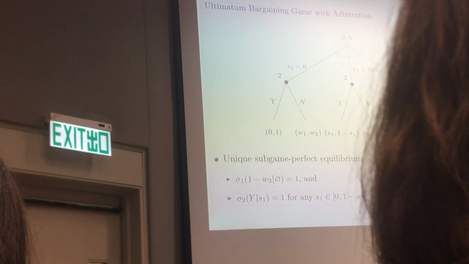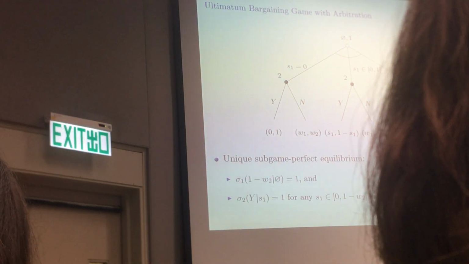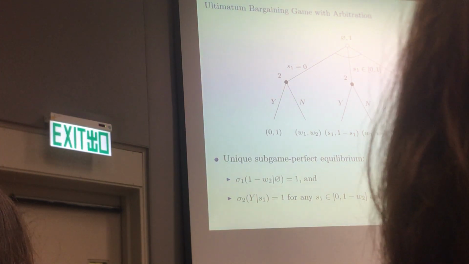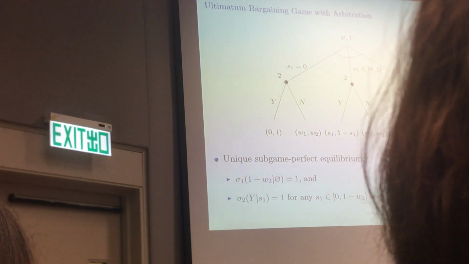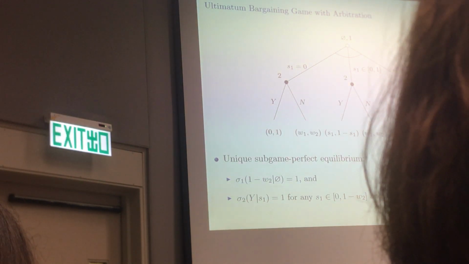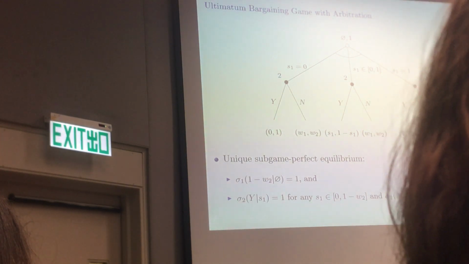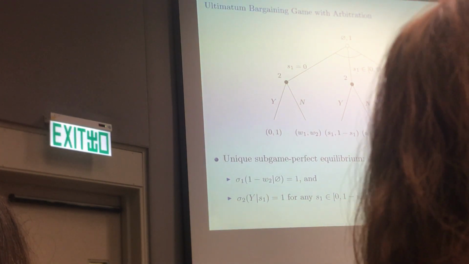And what about the remaining case? What if S1 is exactly equal to 1 minus W2? We just discussed that player 2 is indifferent, so any action or any randomization between Y and N would be a best response for player 2.